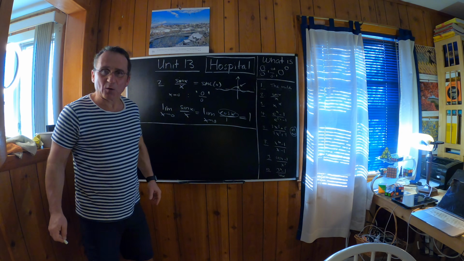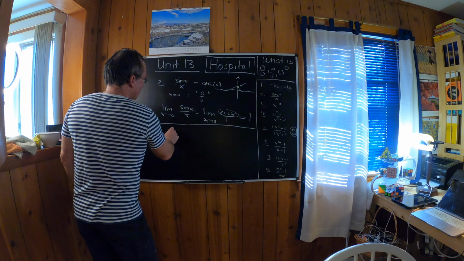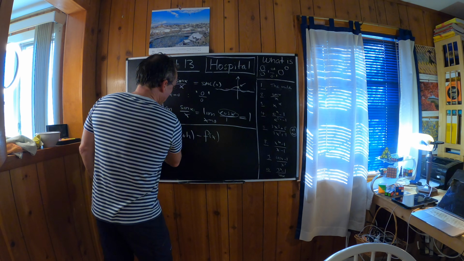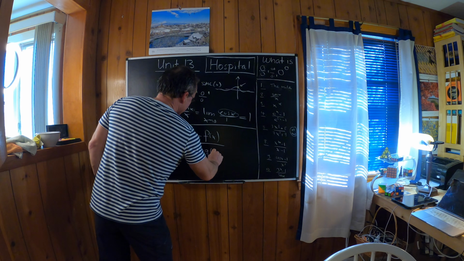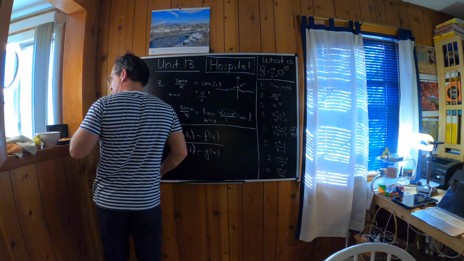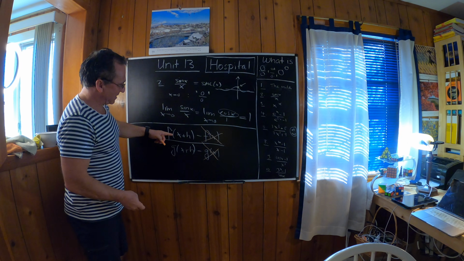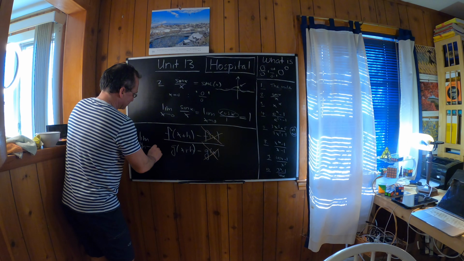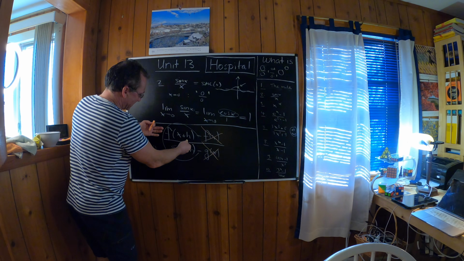By the way, why is L'Hôpital true? It's comically simple, because what we have is f of x plus h minus f of x over g of x plus h minus g of x. You see, when you write that, and f of x and g of x are both 0, that goes away. And so the limit when h goes to 0 is f of x over g of x.